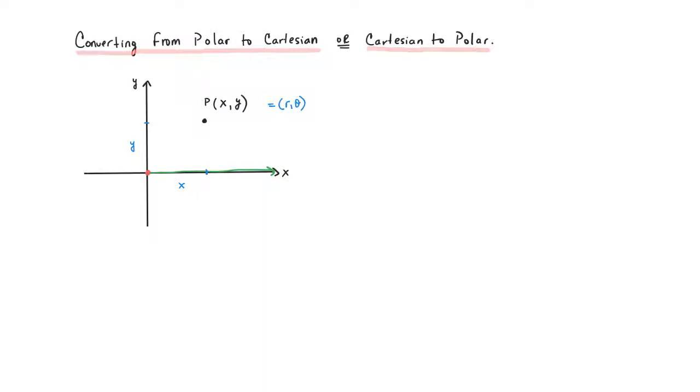And r will be the distance away from the origin or the pole, so in this case r, and then theta will be the angle formed by the positive x-axis or the polar axis and this segment right here. Let me even draw this as an arrow, call it a ray. So that's my theta.